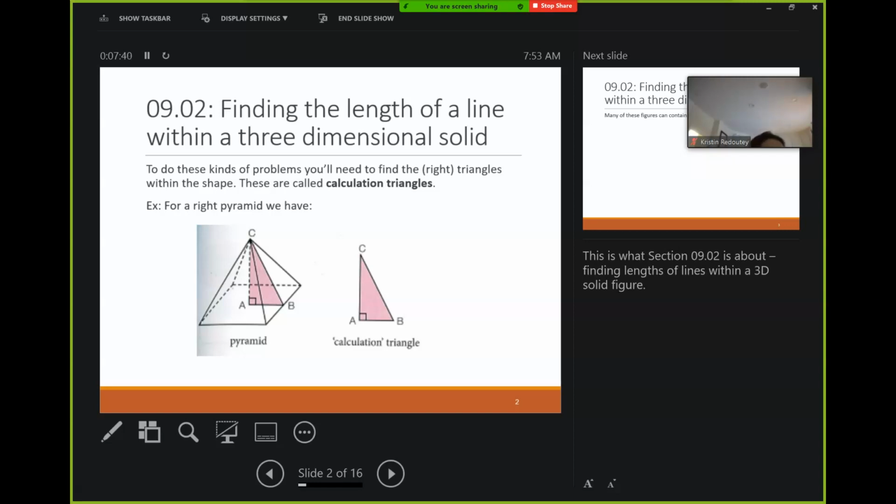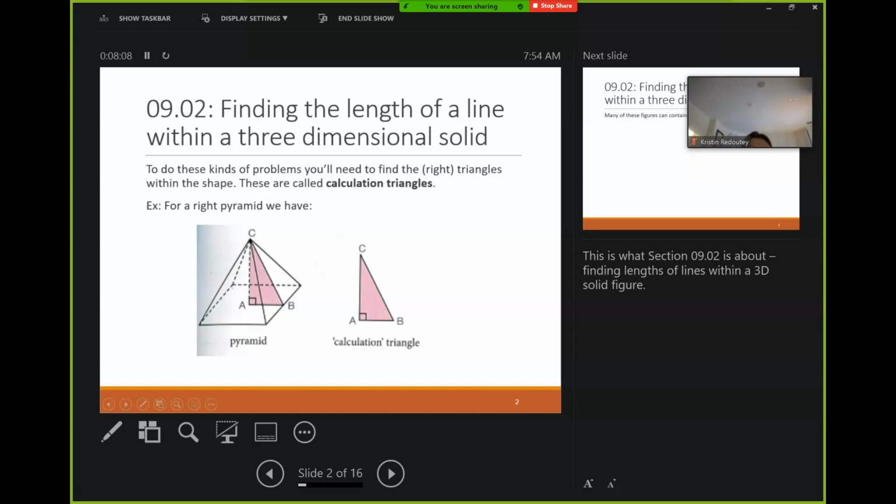It's a little bit harder to see that it's a right triangle from the picture, but it is, and that's maybe some of the more challenging part of this, that you really have to be able to visualize something in 3 dimensions, because the 2-dimensional projection on a sheet of paper doesn't always give you a great picture of what's at a right angle and what's not. Another possible calculation triangle here would be, we're still using CB, but here A would be at the corner.